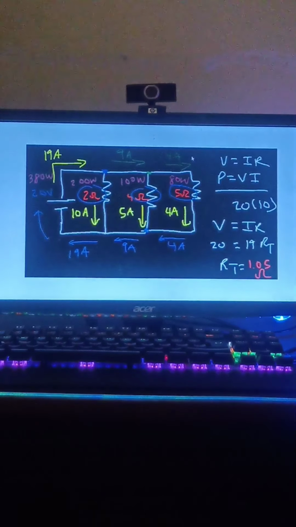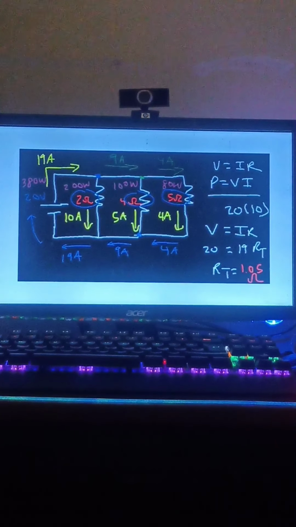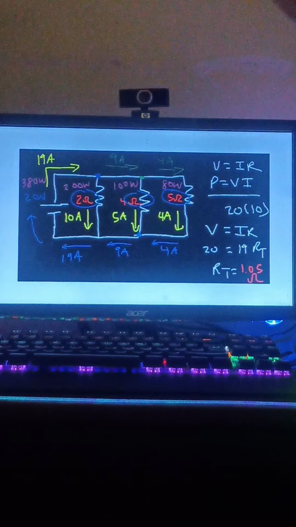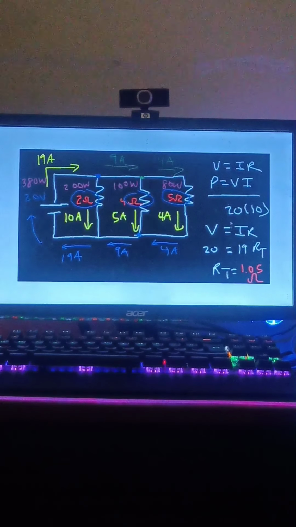Now we need to compute the total resistance. Unlike in series where we add R1 plus R2 plus R3, the formula we use here is R equals V over I. So we get a total resistance of 1.05 ohms.